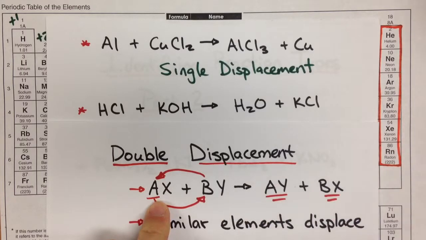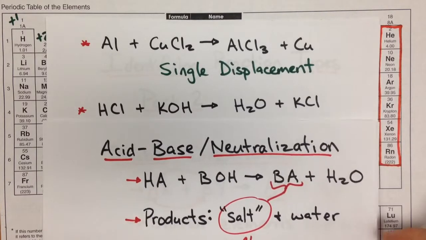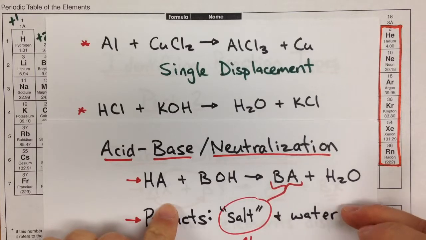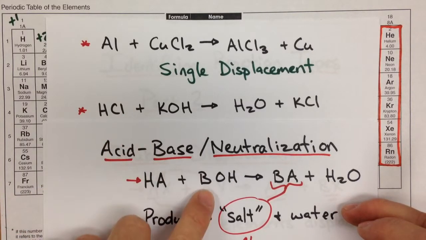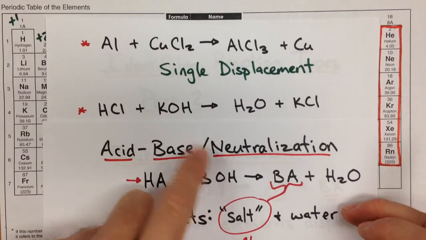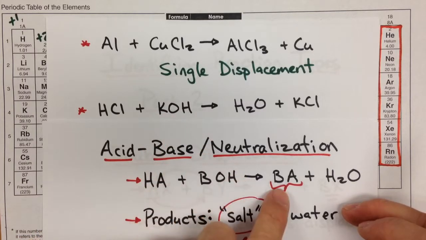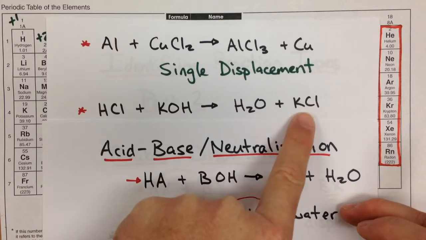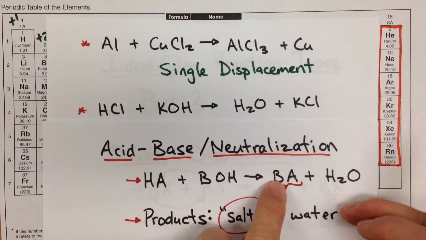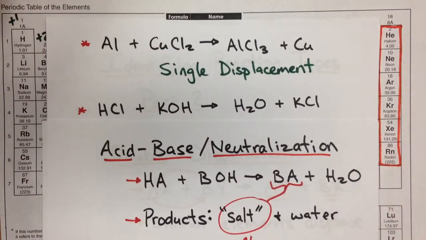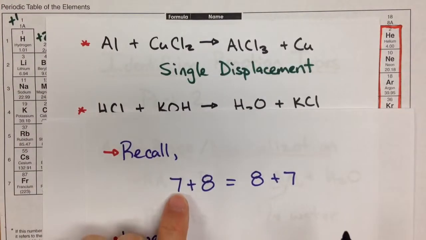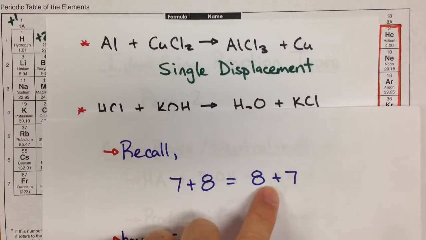However, if you can recall the acid-base reaction, acid-base reactions are pretty strict. We have a leading hydrogen followed by a nonmetal, and then a metal followed by a hydroxide, OH is hydroxide, forming BA, that's your potassium chloride in this case, and water. Now, recall, 7 plus 8 equals 8 plus 7.